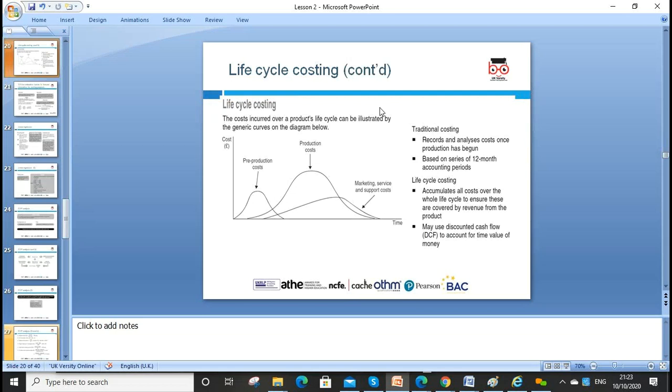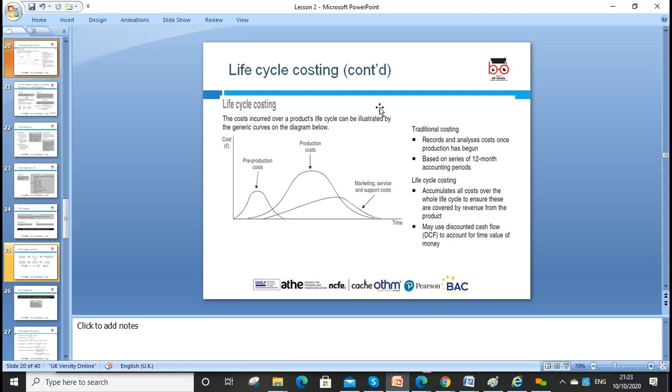Okay, life cycle costing includes different costs, such as pre-production cost. You will see there that production cost is higher than marketing, and service cost is there as well. Traditional costing reduces the costing once production has begun, based on a series of 12-month accounting periods.